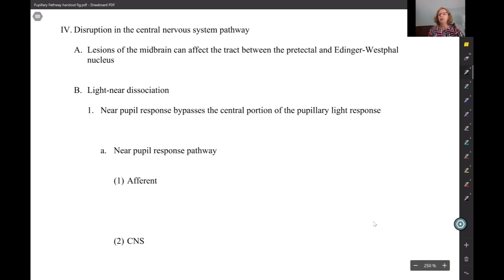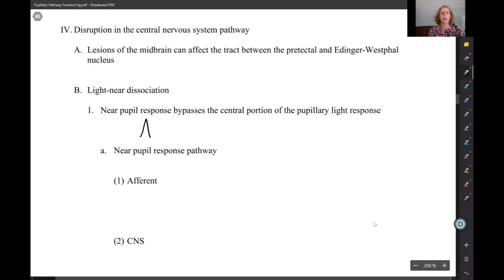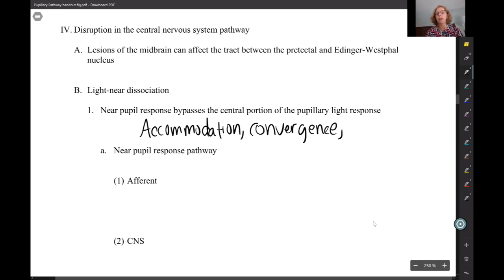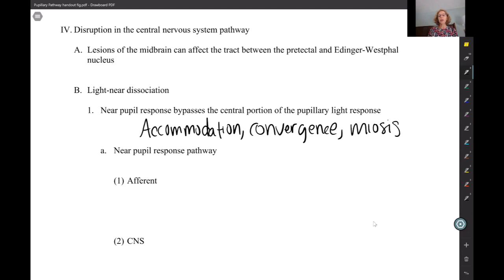Remember that accommodation, convergence, and meiosis, a pupillary reaction, work together to keep objects clear and single when adjusting focus at different distances.